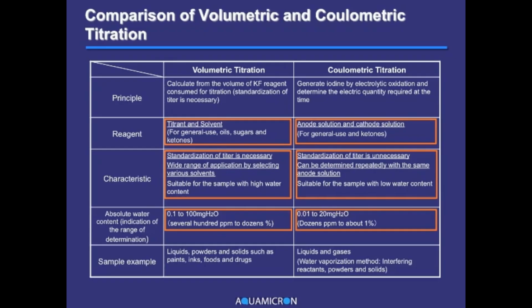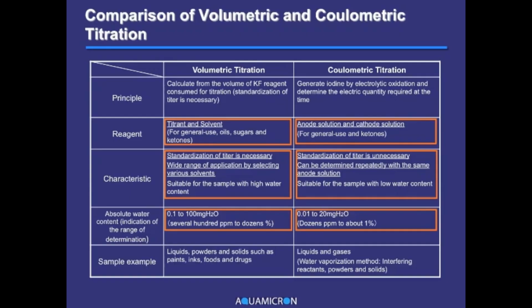In volumetric titration, the titrant and the dehydrating solvent illustrated in italics are necessary. We provide various kinds of dehydrating solvents, such as general use, for oils, for sugars, for ketones, and others. And thus, volumetric titration is applicable for various natures of samples. This is the main feature of volumetric titration.